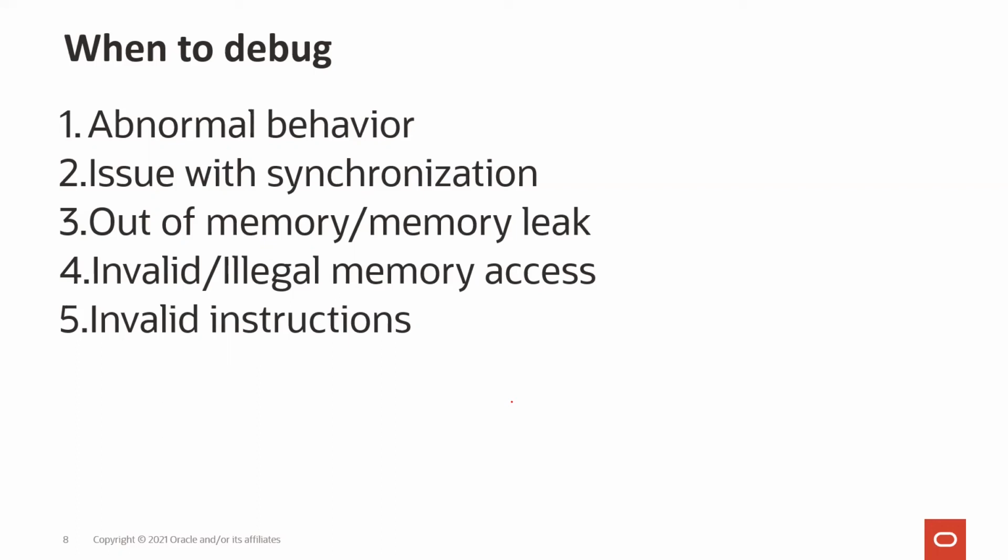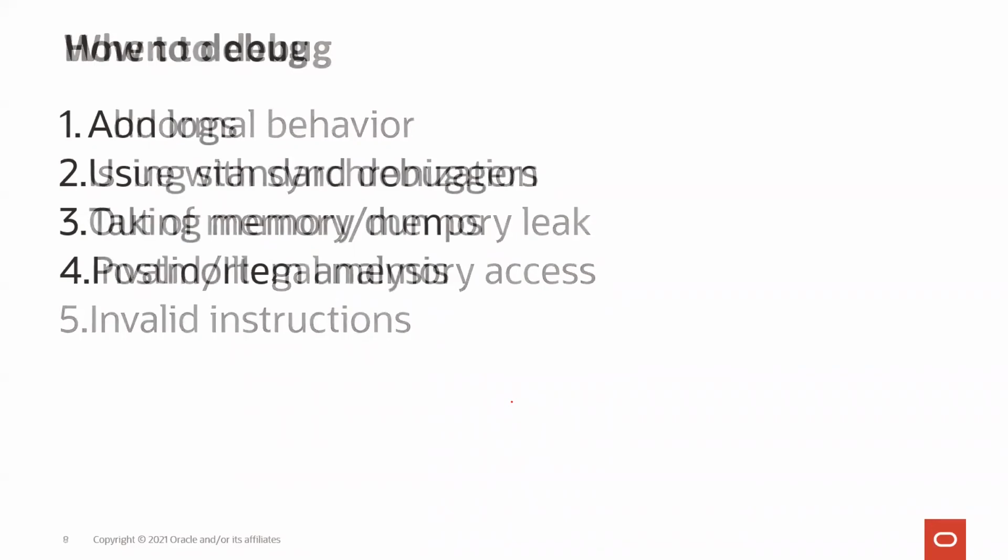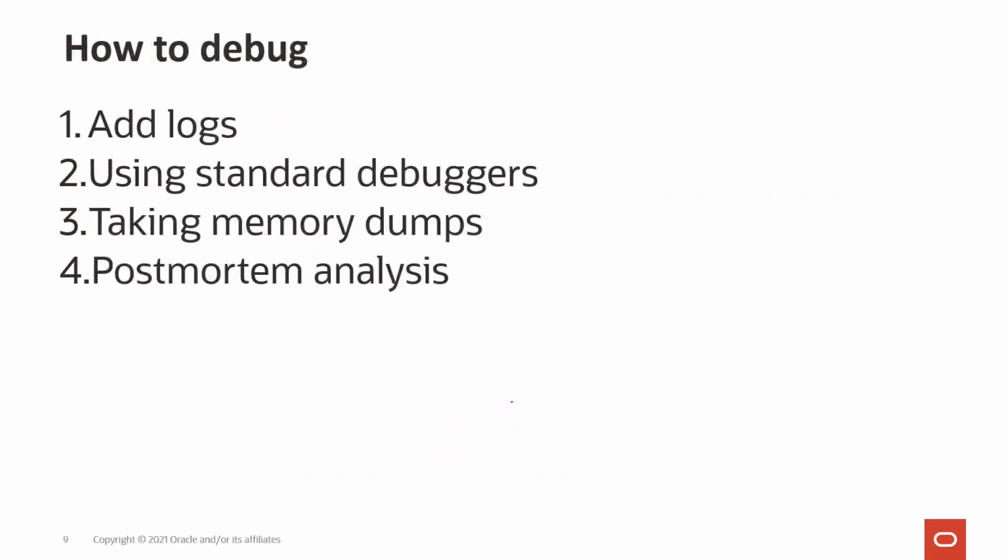But understand that even for debugging, certain scenarios will be encountered. How will you debug? Generally, people add logs. I also do that. In most cases when I see an issue, I add logs all over the application. The intention of adding logs is to understand how the flow is happening.